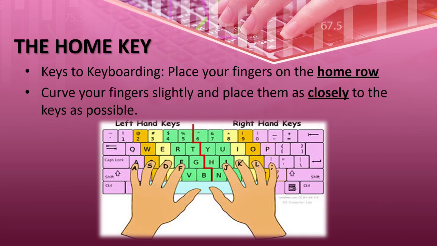You can understand the keys, the fingers and the keyboard parts, left side, right side. And how to type? We move our fingers slightly and place them as close to the keys as possible.